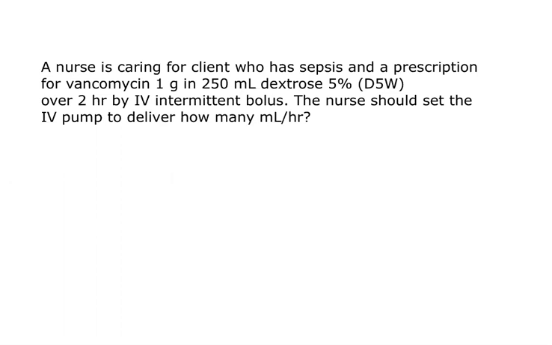Now the trick to this is the question tells you everything that's important. Obviously I care that this person has sepsis in reality, but when it comes to math, what are you looking for? It tells you specifically to look for milliliters per hour. Where do you have milliliters? Here. Where do you have hours?